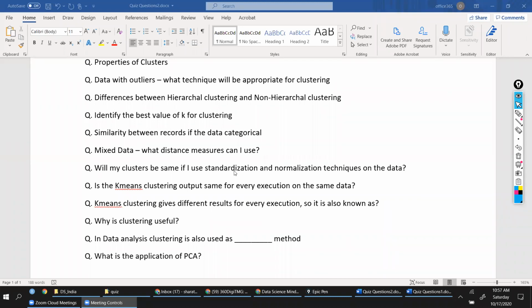Very good. The application of PCA is to minimize the high dimensional data. Feature engineering. Right? We are doing feature engineering. We are reducing the high number of features.